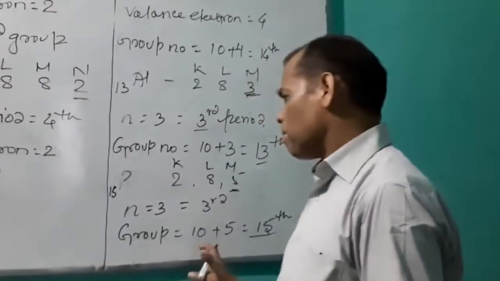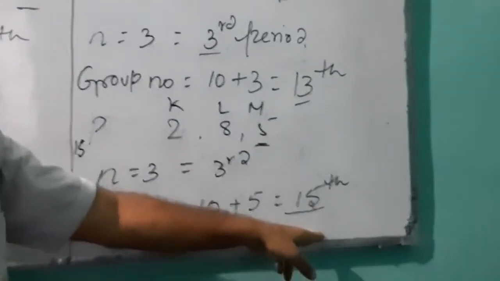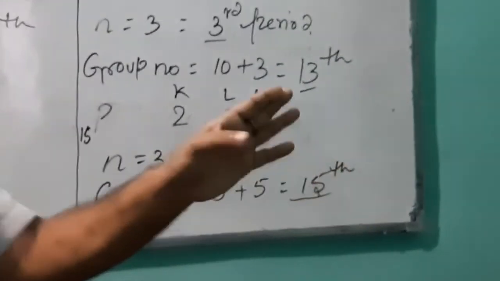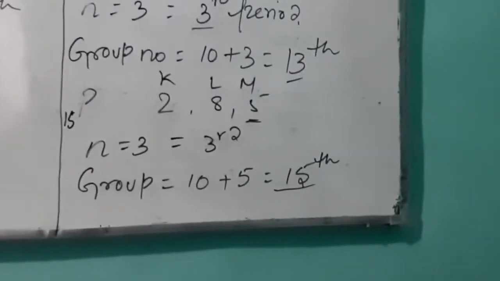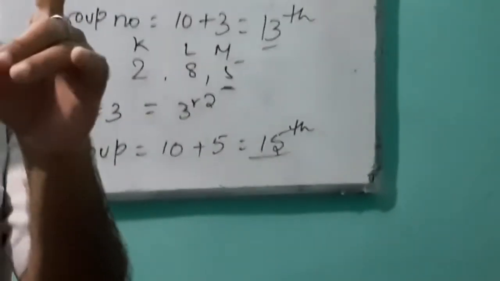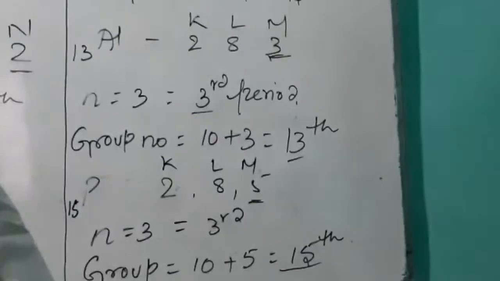So here we have the 15th group. So valence electron is equal to 15 minus 10, that is 5. Now in order to find valency, 8 minus 5. So this is the way that if the question comes in a reverse way, then you will be able to find out.